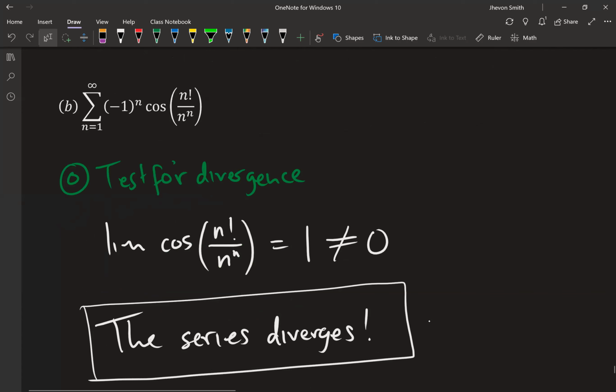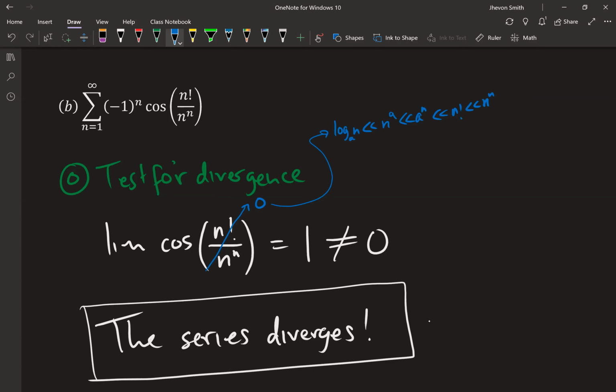Cosine of 0 is 1, and we know that the inside of the cosine here is approaching 0. How do I know that's approaching 0? Because I'm a grasshopper and I remember the succession. Log to the base a of n is less than or equal to n to the a, less than or equal to a to the n, less than or equal to n factorial, less than or equal to n to the n. So n to the n is larger than n factorial.